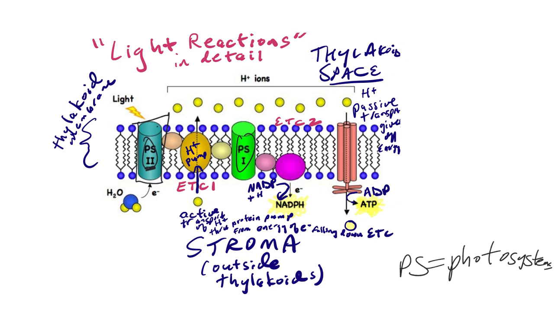So it'll push hydrogen ions from where they're not as concentrated in the stroma into the thylakoid space. Okay, that's going to be important.